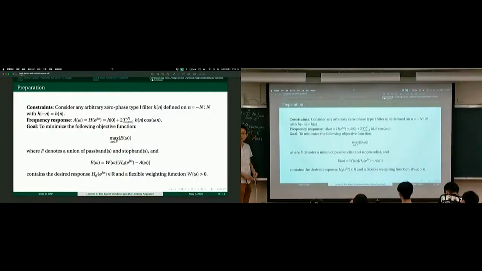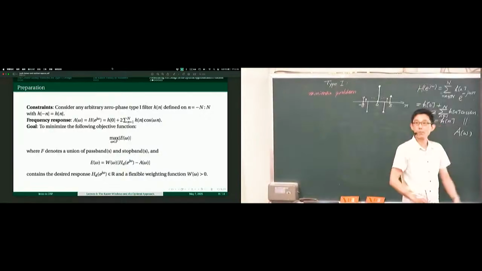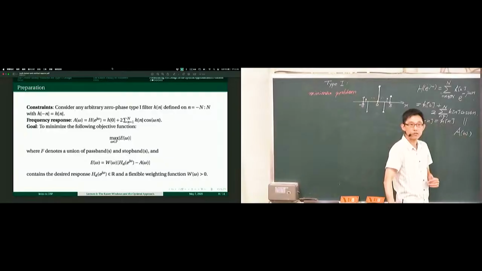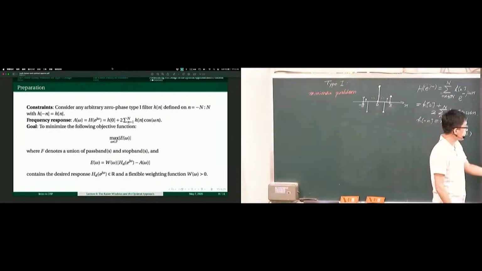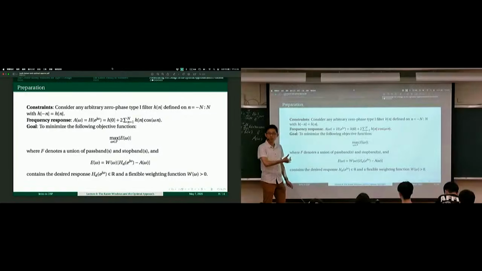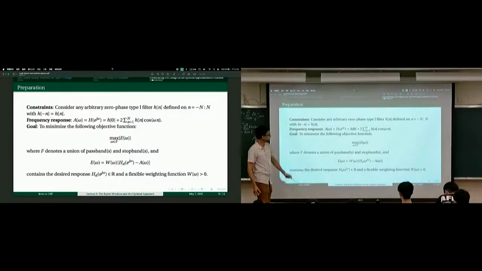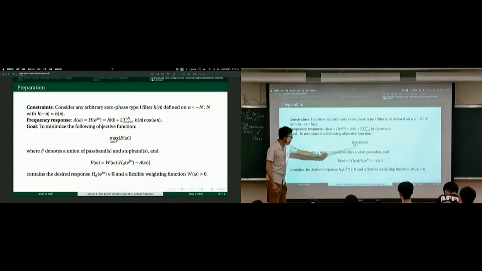There might be 2 pass bands, 2 stop bands, or 10 pass bands, 3 stop bands. That's fine. We'll see some pictures, but F is basically a union of intervals: all the frequencies where we care. Somewhere there has to be a place where the weighted error is maximum, and we minimize that maximum.